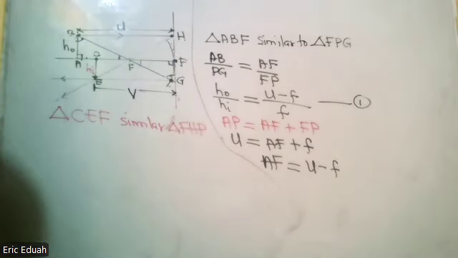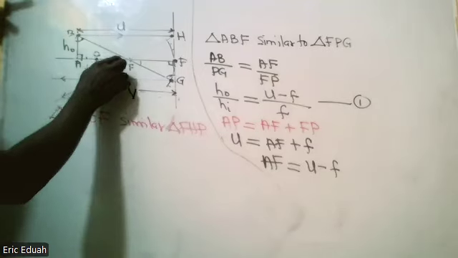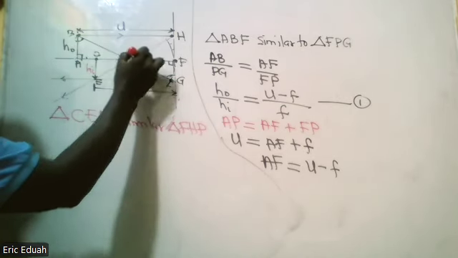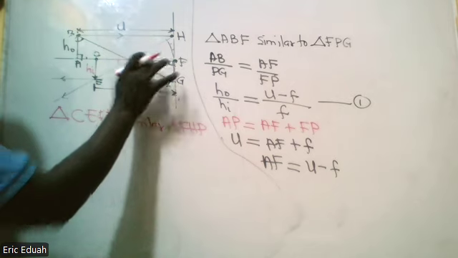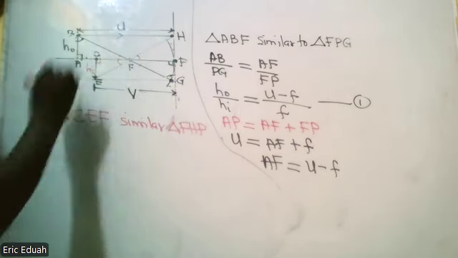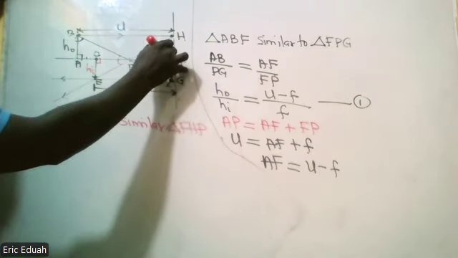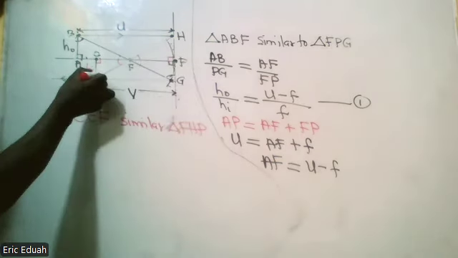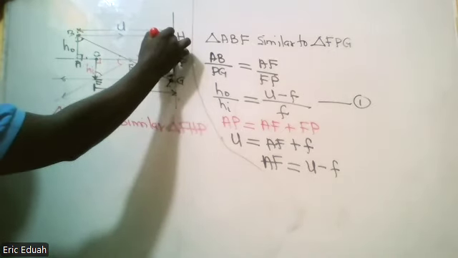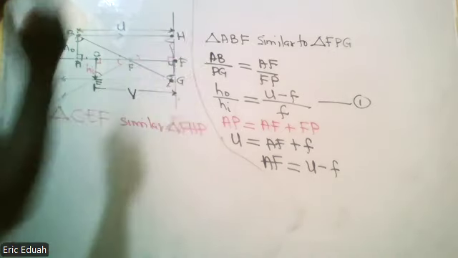Now, when two triangles are similar, their interior angles are equal. So we can deduce that this angle here is equal to this angle here, vertically opposite reason. This angle at C is 90. This angle at P is also 90. This angle by alternate angles reason is also equal to this.